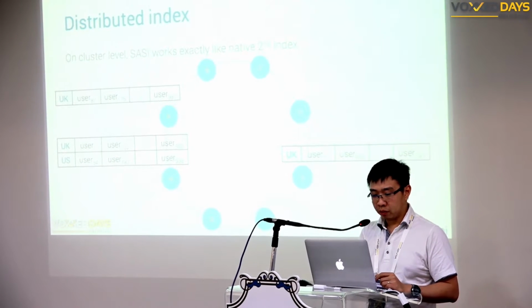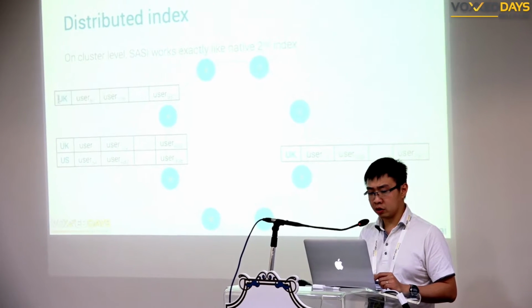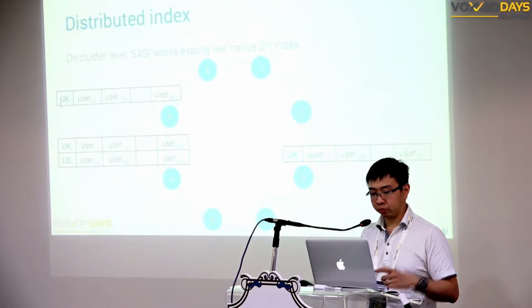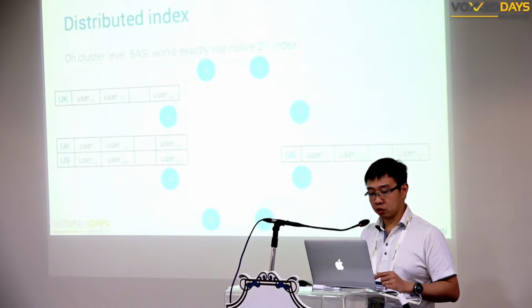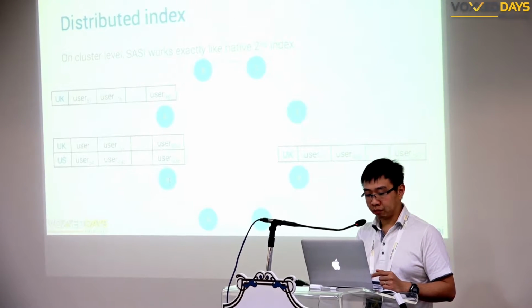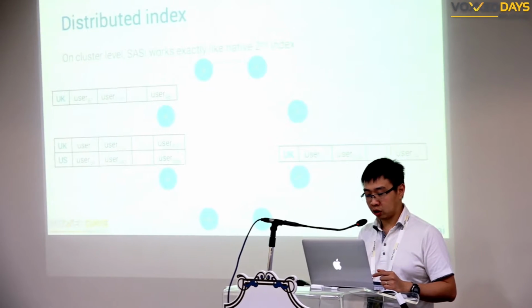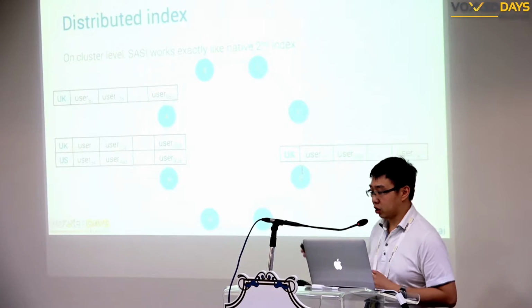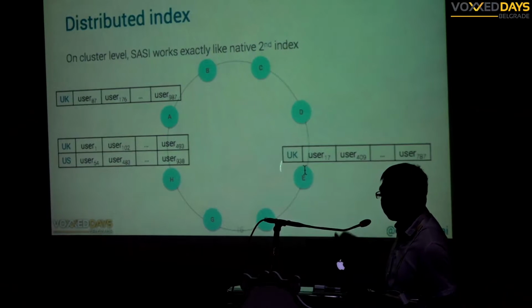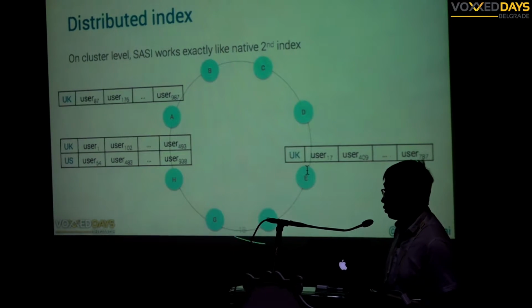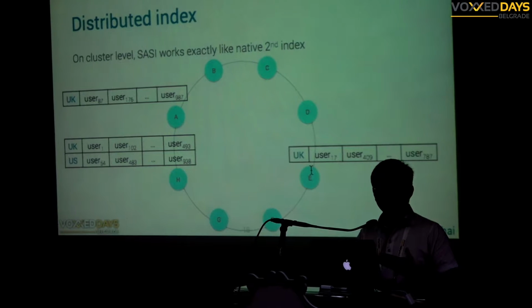So on this machine, I have some users who are living in United Kingdom. So the index will point to those users. But in another machine, I have some other users who are also living in the United Kingdom. So I also have an index for those people. So the index data are also distributed.